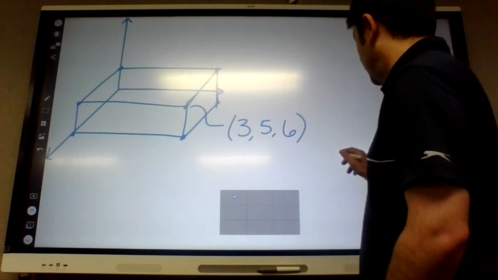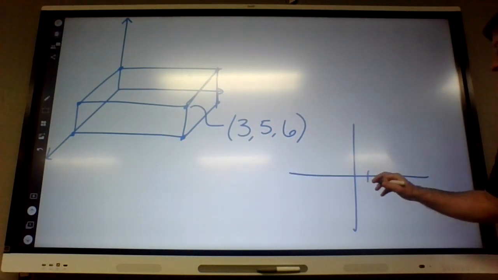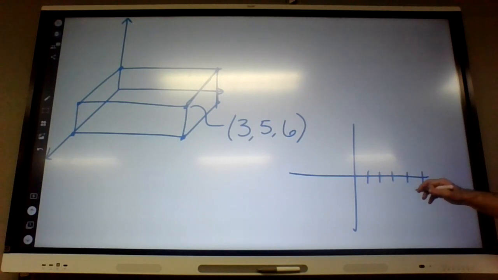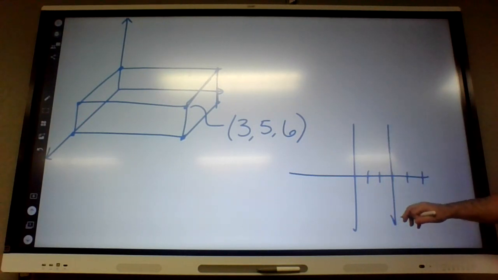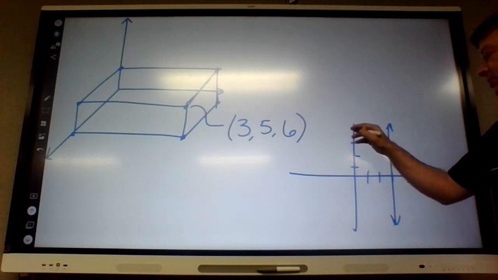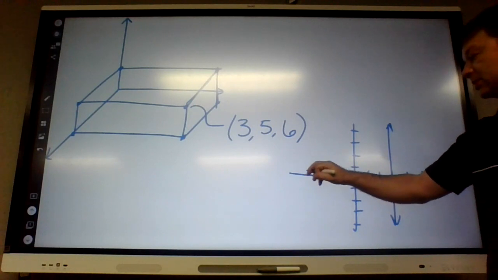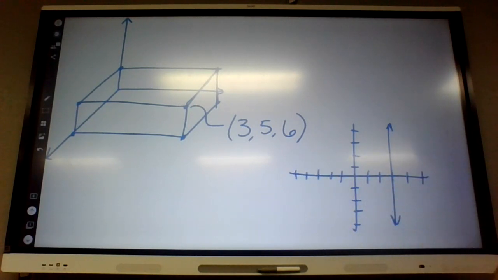Actually, maybe I should start with a two-dimensional image here. Do you guys remember what this line is called? XY coordinate plane. What's the equation for this line? X equals 3.